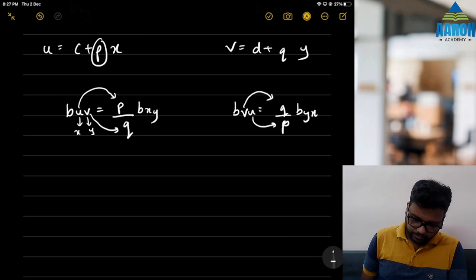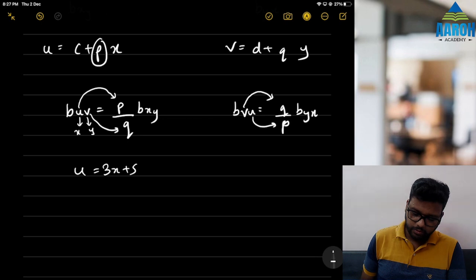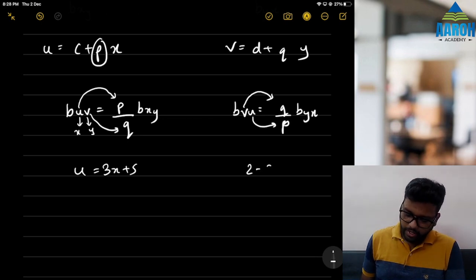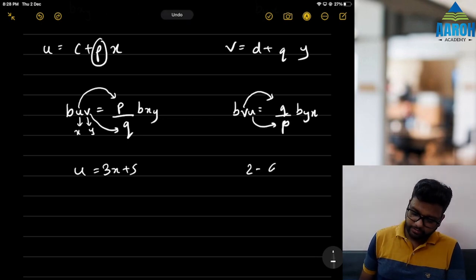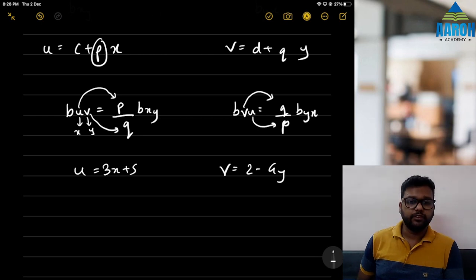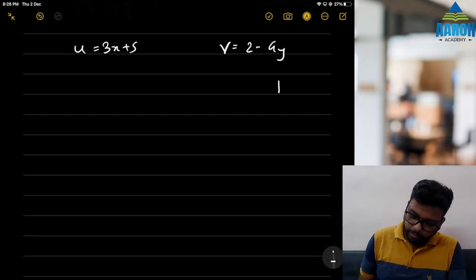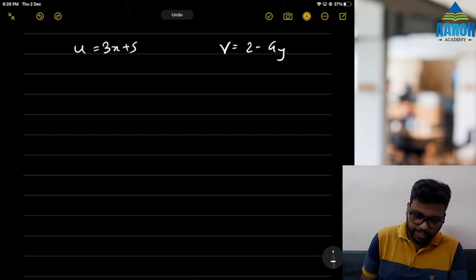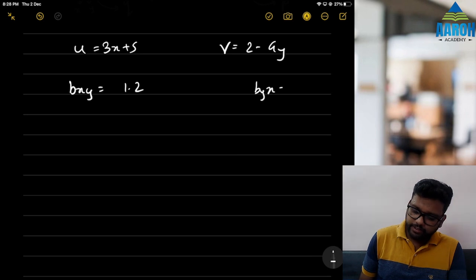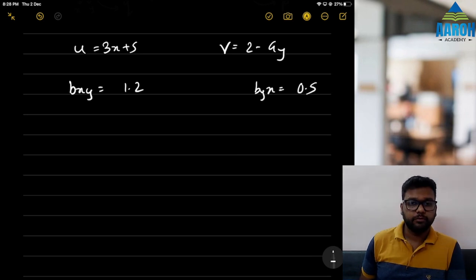Let's say 3x plus 5 is equal to u, and 2 minus 4y is equal to v. And let's say bxy is equal to 1.2, and byx is equal to 0.5.